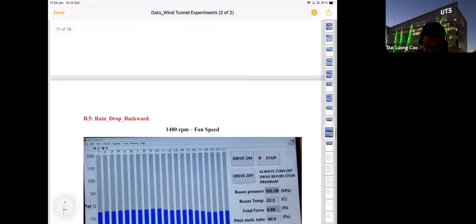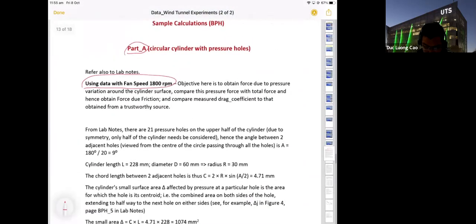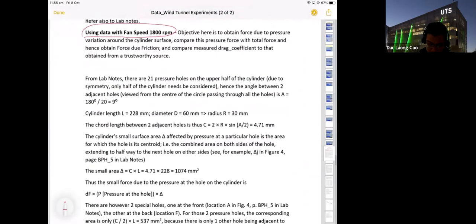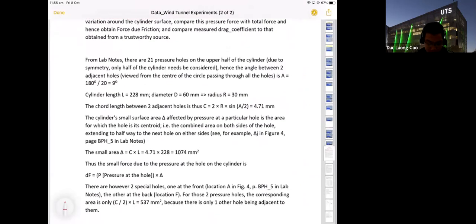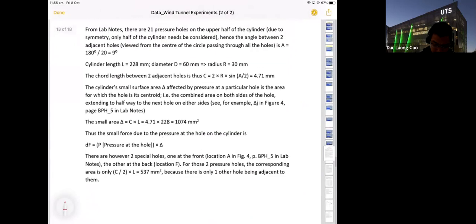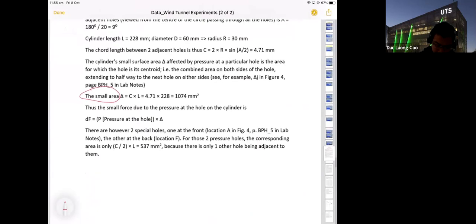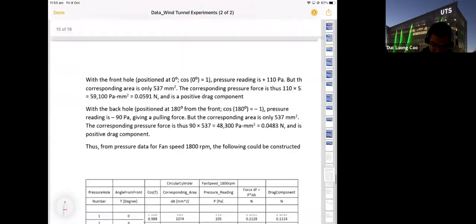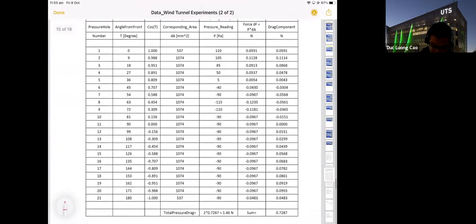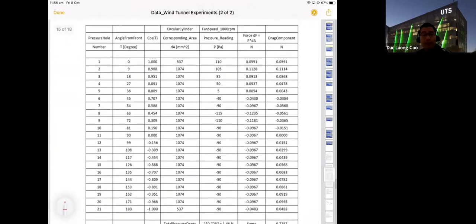And here is how to find the pressure drag and the pressure at the 21 holes. Here I give you some equations to find the small area, and the equation to find dF. You will have this table for the 21 holes.